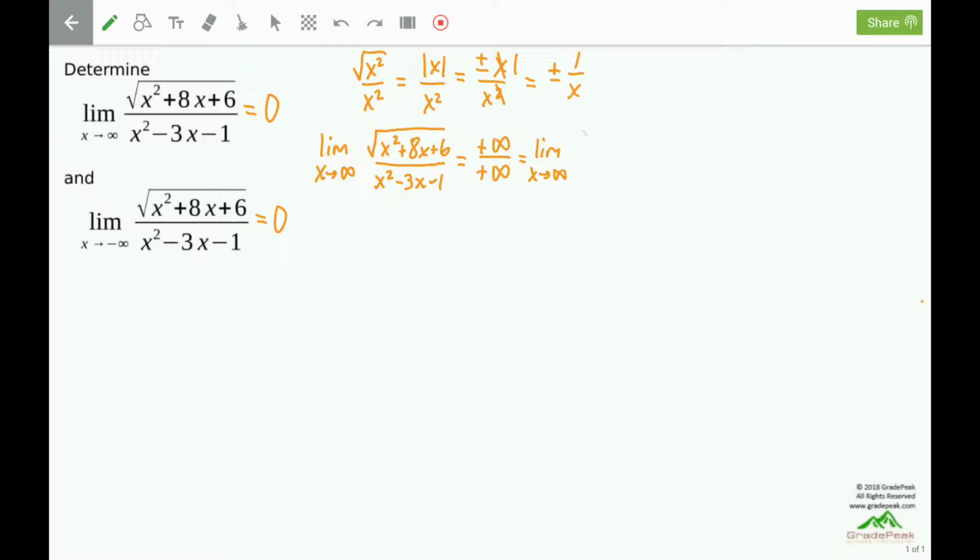So we will divide the entire square root in the numerator by x squared, and every term in the denominator by x squared.